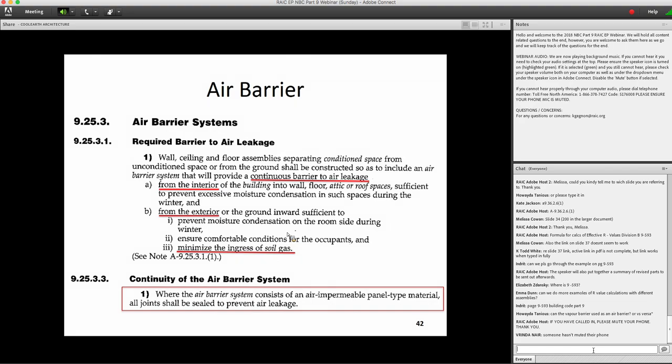So in this case, if we are using an air barrier system that has a panel type of material that is not a membrane or poly or maybe a paint or a liquid applied membrane, we do have to be sure that it's sealed so all the seams are tight and we prevent air leakage.